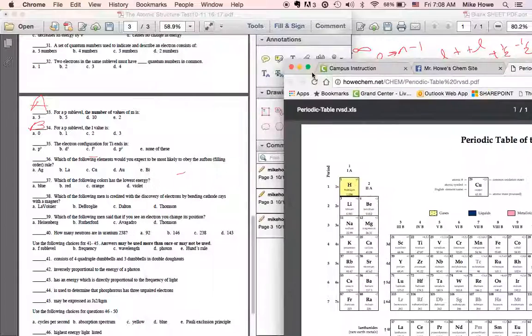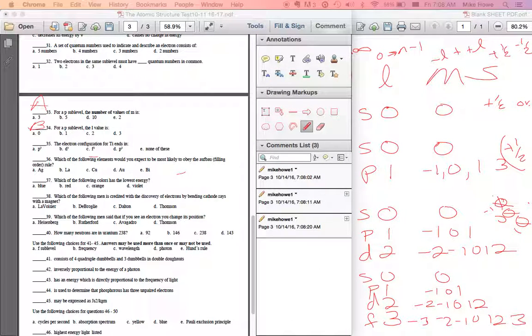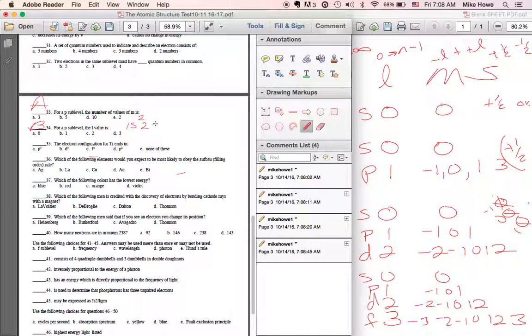So if we're going to write the electron configuration for 22 electrons, we would go 1s2, 2s2, 2p6, 3s2, 3p6, 4s2, 3d2. So it ends in D2. Is D2 a choice? Looks like no, it's not. So the answer would be none of those, E.